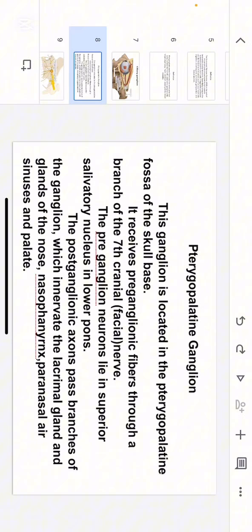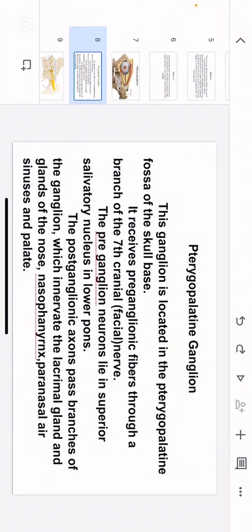So it receives fibers from the superior salivatory nucleus in pons. The postganglionic axons pass branches of the ganglion which innervate the lacrimal gland and glands of the nose, nasopharynx, paranasal sinuses, and palate.